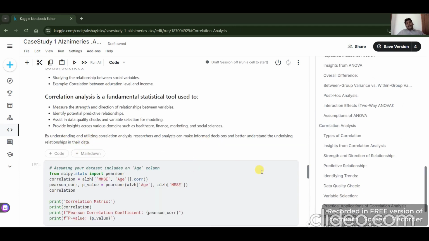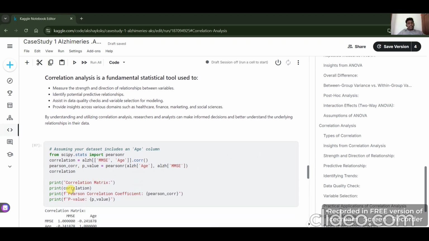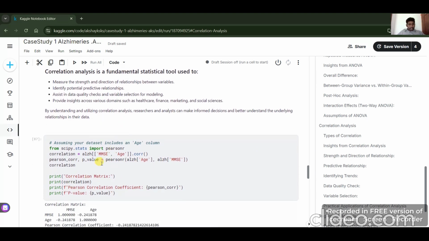Relationship in the data. Assuming the correlation, including the age column, from SciPy, we use the Pearson correlation between MMSE and age, with the p-value.